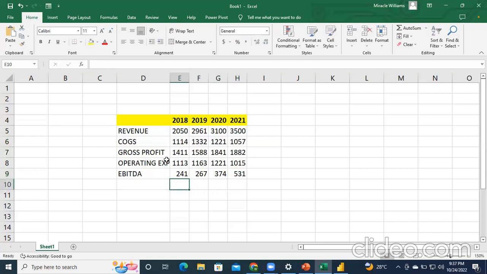Then let's also assume our depreciation and amortization is given. It's 25 for 2018, 38 for 2019, 42 for 2020, and 40 for 2021.